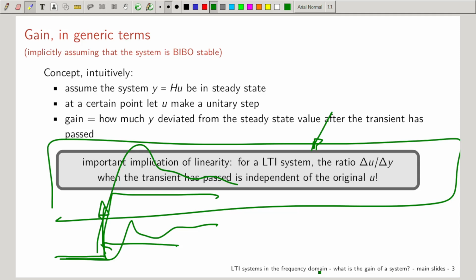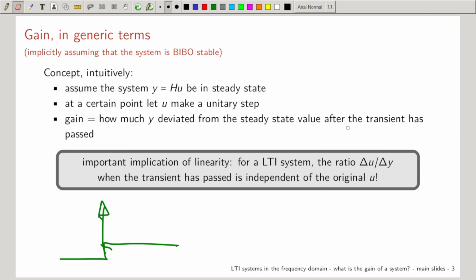In LTI systems, whenever we talk about gain, it is the ratio between the deltas. And if I have 3 times the u, I will have 3 times the y. That means that the ratio delta y over delta u is the same, independent of the actual u.